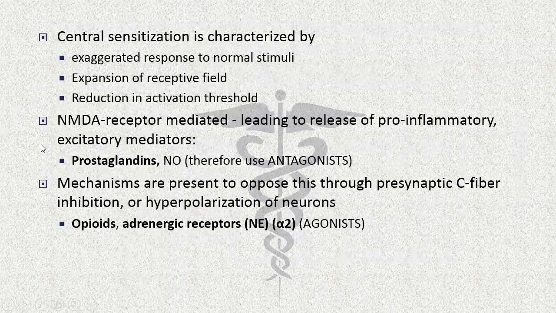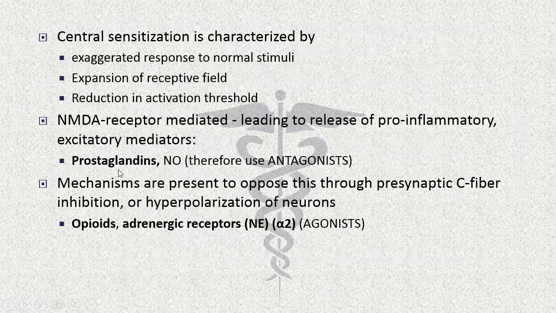One of the main receptors involved in this is the NMDA receptor, which is so strongly involved in different types of synaptic plasticity. In response to the enhanced actions of the NMDA receptor and the synaptic plasticity within the spinal cord, we get release of lots of pro-inflammatory mediators.